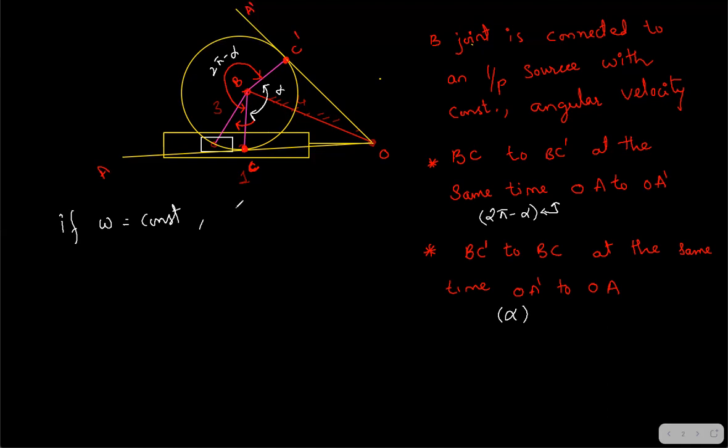And the angular displacement is 2 pi minus alpha. I'll just write here angular displacement is 2 pi minus alpha. Now can I find out the time taken? Yes, omega is equal to d theta by dt, right?